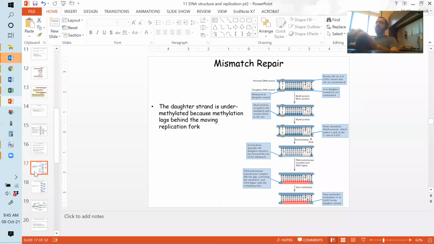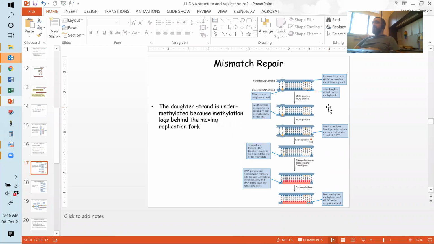And so there's extra stuff that goes on. And essentially what happens here is, say that error did not get caught by DNA polymerase. Now we need to catch that error really quickly, right? So DNA polymerase has shunted off into the distance, doing its job, oblivious to the problem that it's caused.